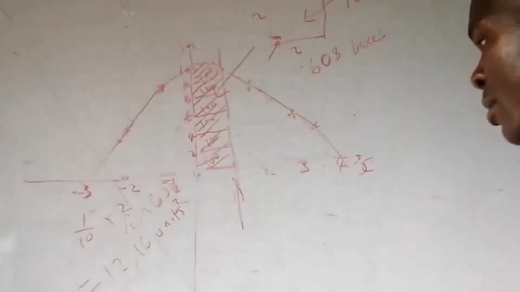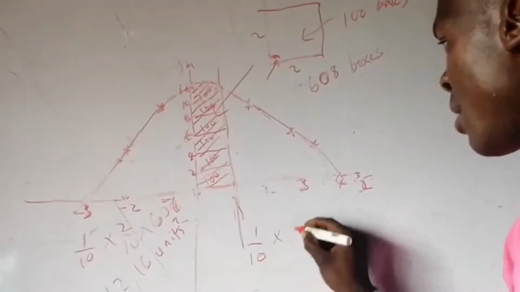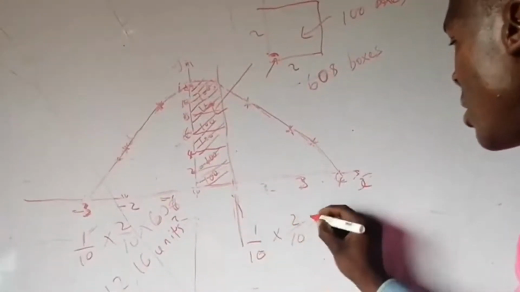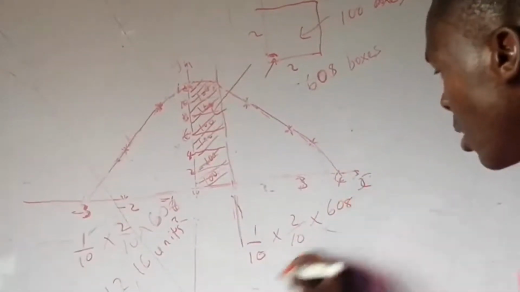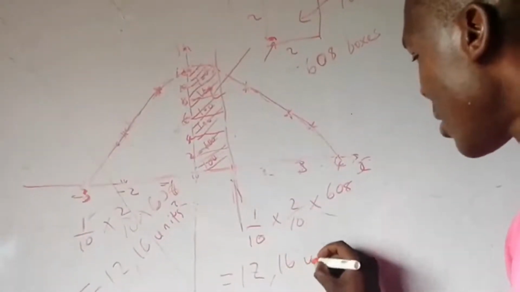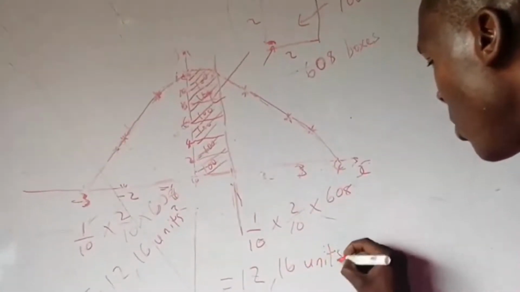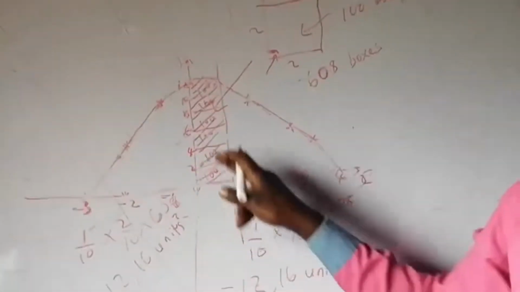Let me write it clearly: 1 over 10 times 2 over 10 times the number of boxes, 608. So we get 12.16 square units. This is the area of this region.